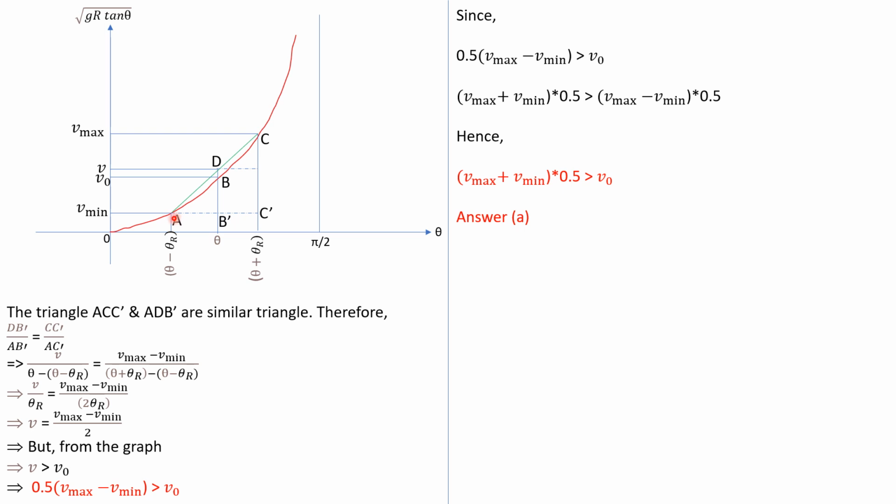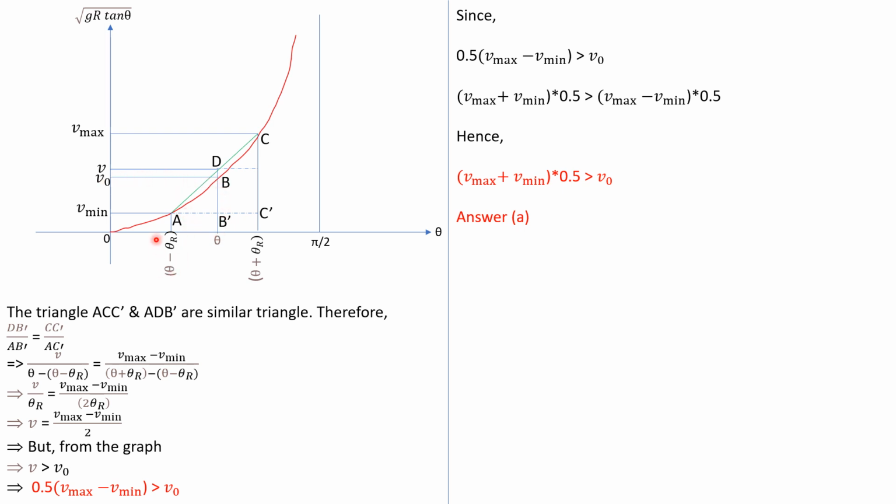If we join point A and point C and extend this B dash B to meet this AC line, it will meet at D. We know that at angle theta, the value was V0.